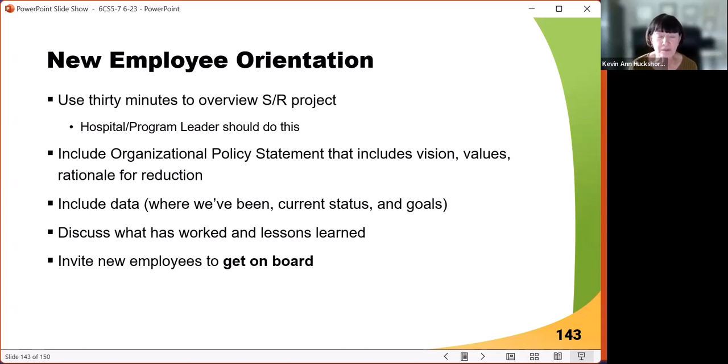Include a discussion about your policy statement on seclusion and restraint that should have an introduction that talks about why this is important to your organization in terms of vision, values, and why you want to reduce, which should be safety for everybody as the first reason. Include data, where you've been, where you are, and where you're going. Tell some stories about what has worked, some stories about lessons learned. Invite new employees to get on board.